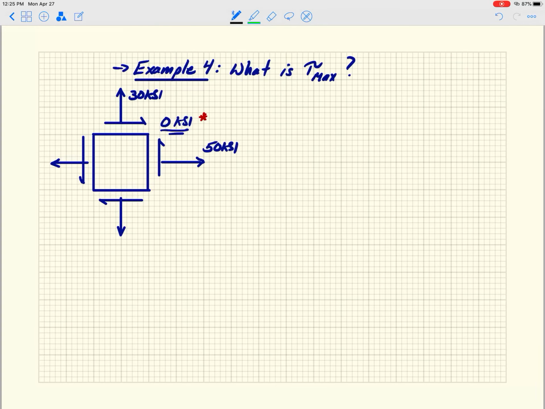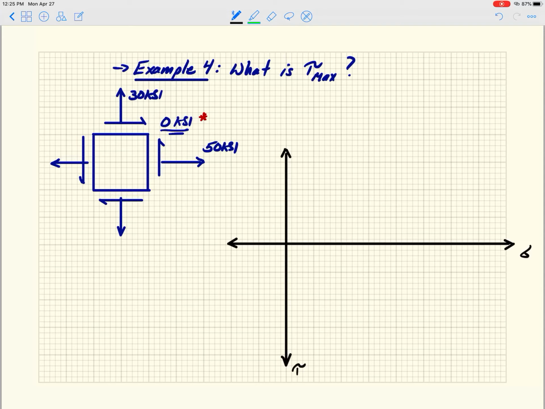So here we can draw Mohr's circle, right? In this case, I'm going to try to do it a little bit like this here, and sort of go all the way over here with it. So this is tau, and this is sigma, right? And so the first thing we're going to do, right, we know it's a principal state of stress, right?